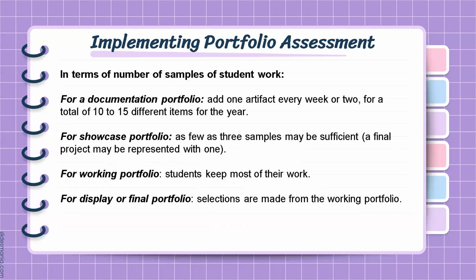For showcase portfolios, as few as 3 samples may be enough, and a final product or project may be represented with 1 sample. For working portfolio, students keep most of their work, including the drafts. And for display or final portfolio, selections are made from the working portfolio.